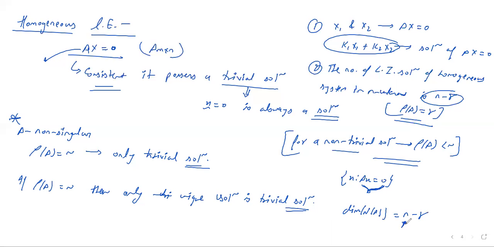So the dimension of the null space of A is the nullity of A.